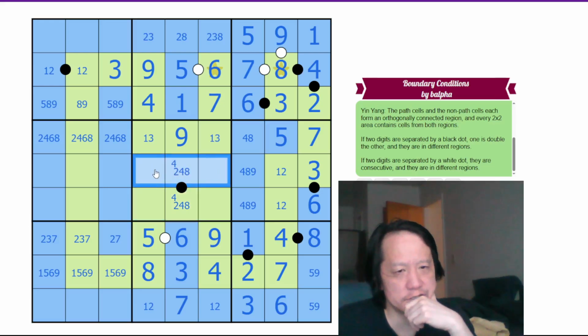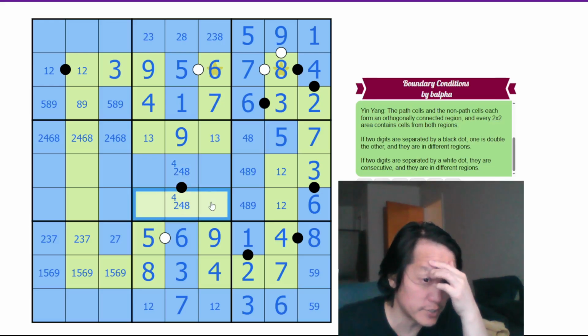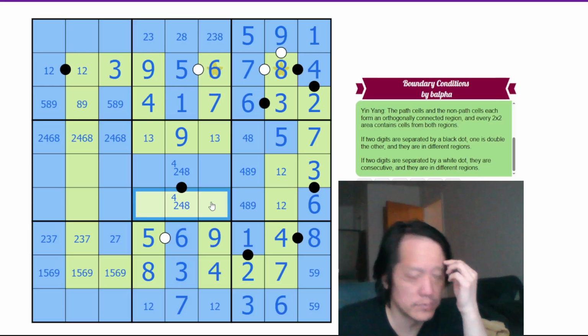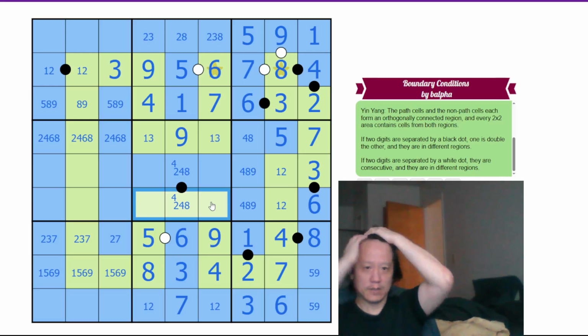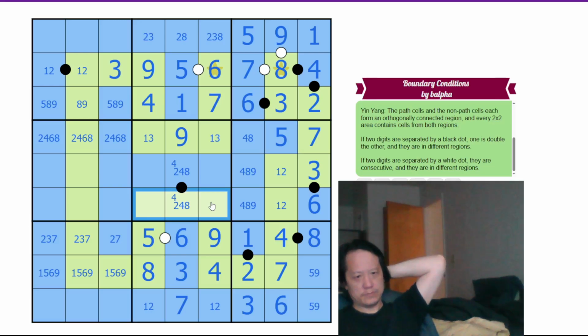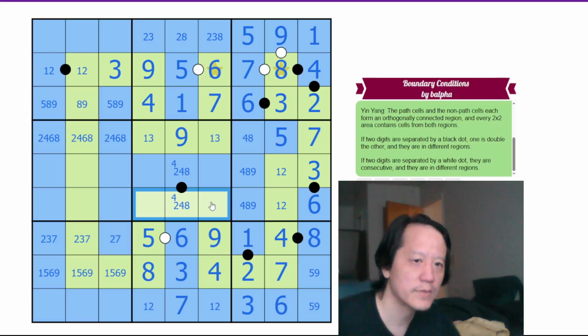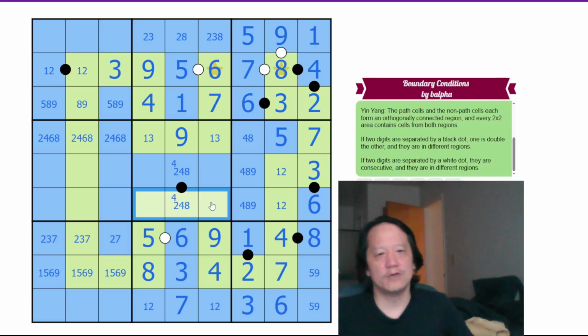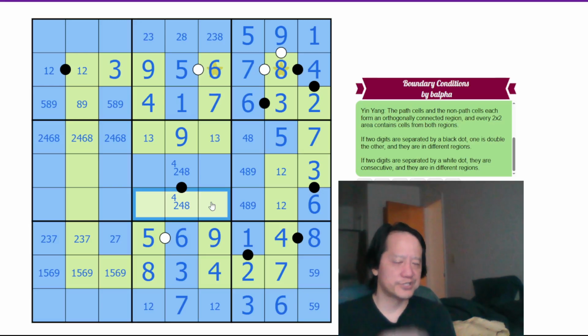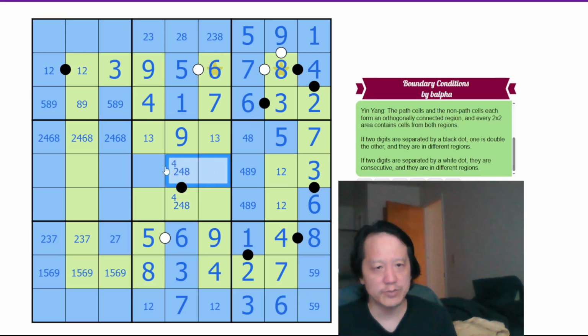So these three digits add up to 13 also. And without 1, 3, or 9, or 6 available, so we know 6 has to be one of these 3 digits.